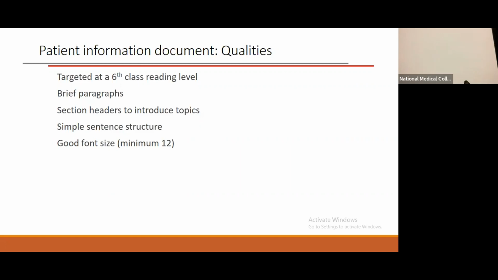And that's the quality we see. It should have very brief paragraphs. Because when we read any manuscript, even the research papers, if there's a long paragraph, we get bored. We just leave it halfway through. If there are small paragraphs, we think that each paragraph will contain some information, so we like to read those small paragraphs. So that is why it should have small paragraphs.